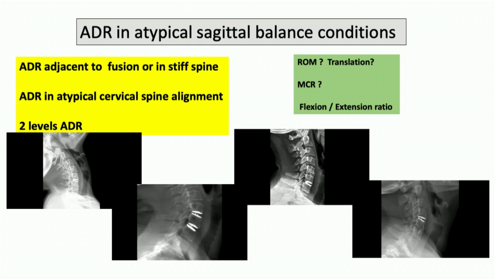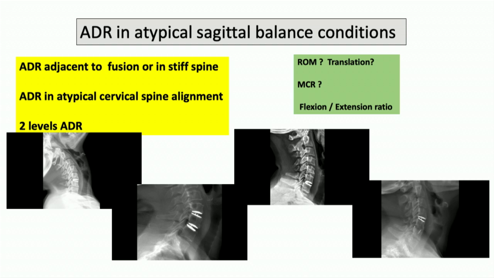Okay. So when we want to look at anterior disc replacement in atypical sagittal balance, we have a lot of questions. First, what occurs on disc replacement on a level adjacent to a fusion or a stiff spine. We discussed about this.